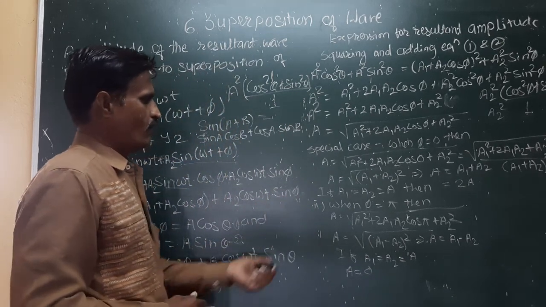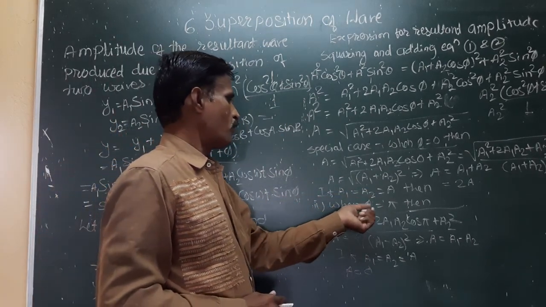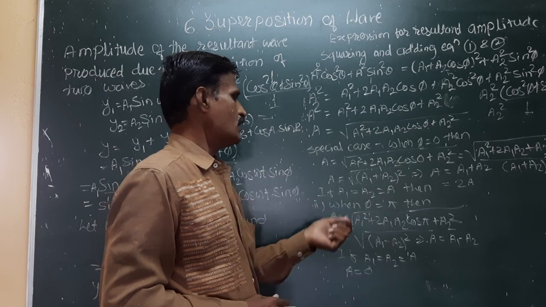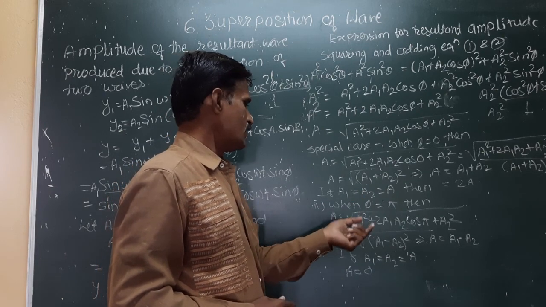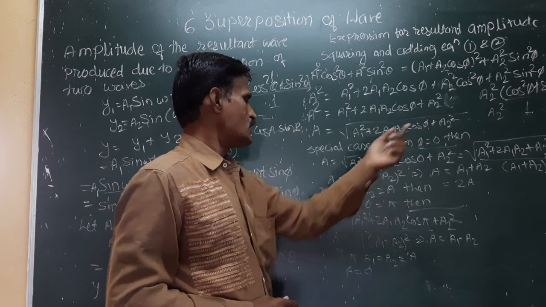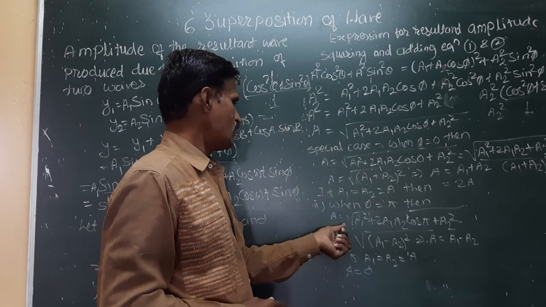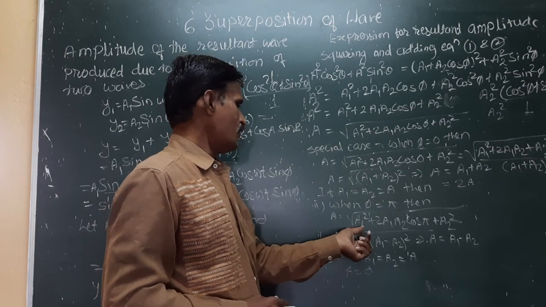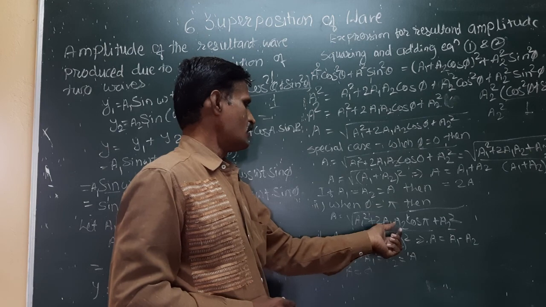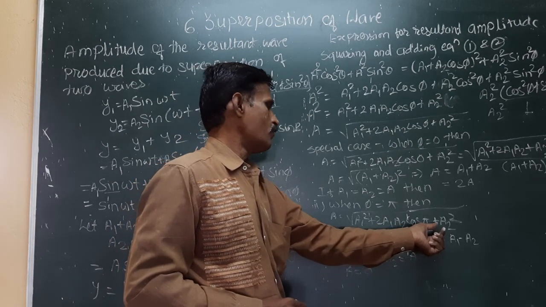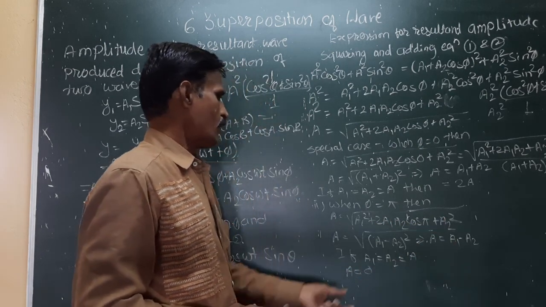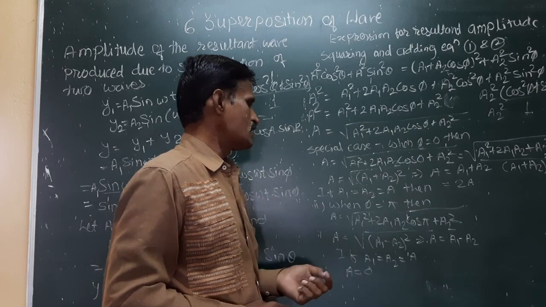Second case, when phi is equal to pi, means they are in opposite phase. Putting this value in this equation we get A is equal to root of a1 square plus twice a1 a2 cos pi plus a2 square, but cos pi is equal to minus 1.